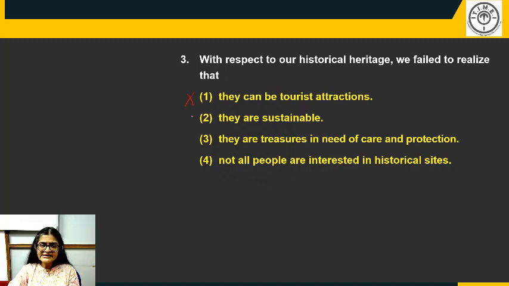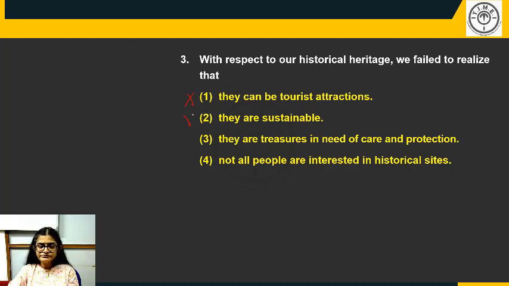No, they are sustainable. Some students may be confused with this option, but what the author is saying is, for sustainable tourism, we need to preserve and protect our historical heritage. So, it is not that we do not realize they are sustainable. We have to make sure that they will be sustainable in the future.